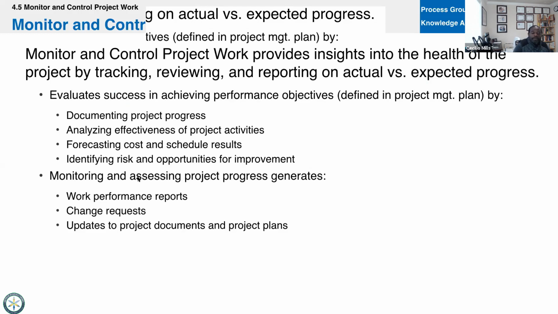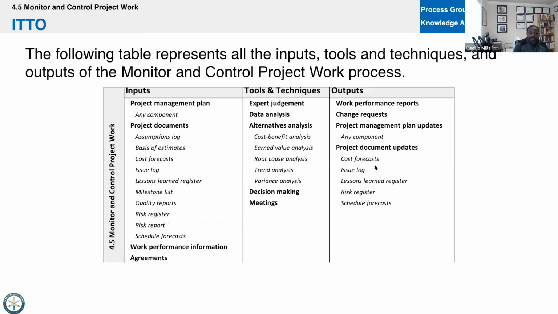So the key outputs we're going to look at here are going to be the work performance reports. We'll potentially get change requests, and we'll update documents and plans. Notice here we take any component of the plan, almost all documents.